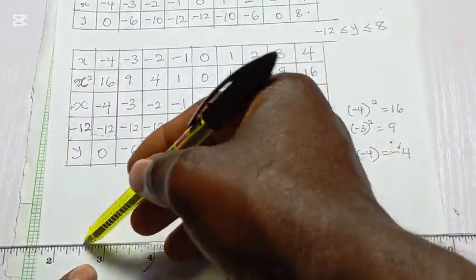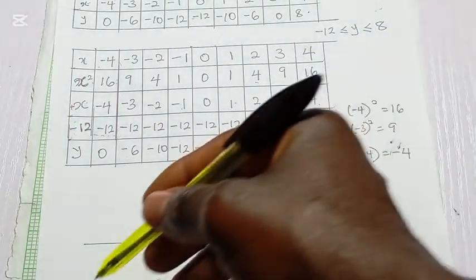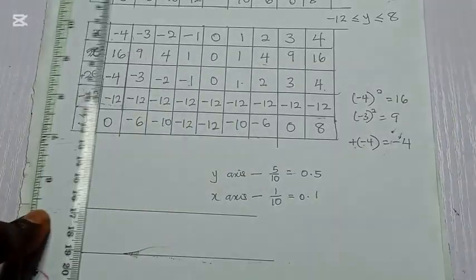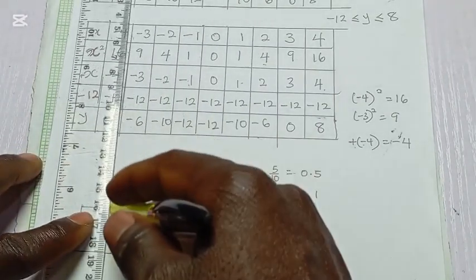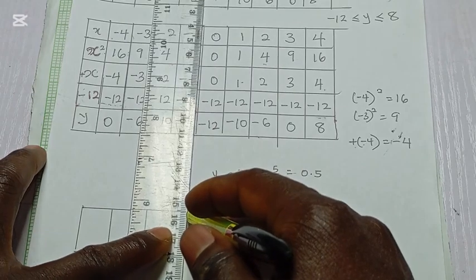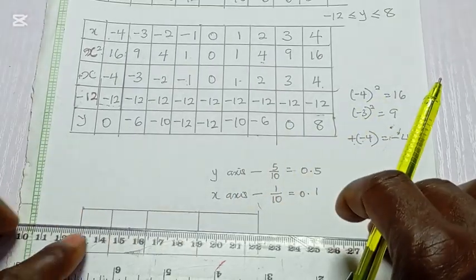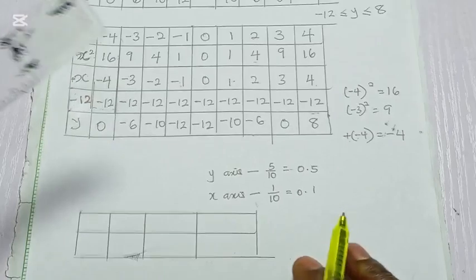But this time around, I'm not going to make use of all the values of x, because this is a linear graph. So I won't need much of that. So I'm just going to take 3 values, and that will be done randomly. So I'm creating a table for that. You can see that, 3 values.